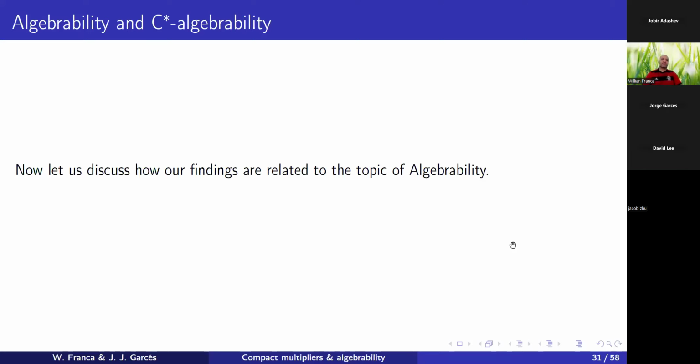Let's now explain how we can tie down our results with this concept of algebrability, okay? The main thing you should keep in mind is the following: usually when people introduced this concept, they most of the time only took into account generators, minimal generating sets. However, I believe it is common sense, at least for this group, that a minimal generating set is something we cannot always afford.